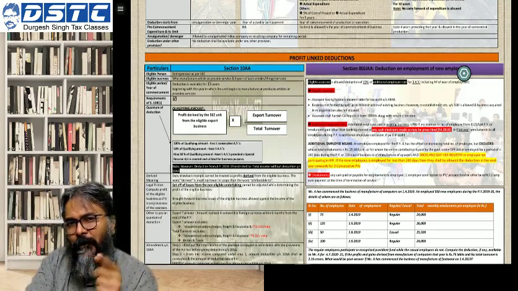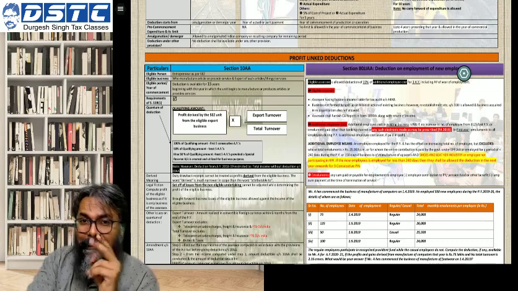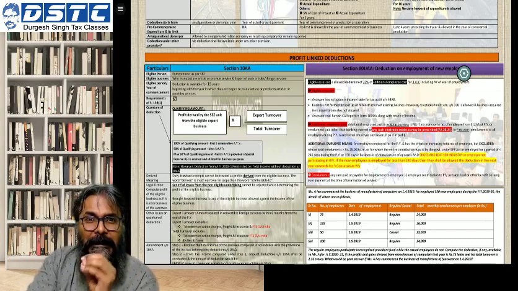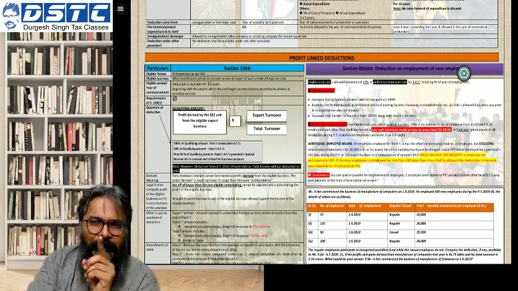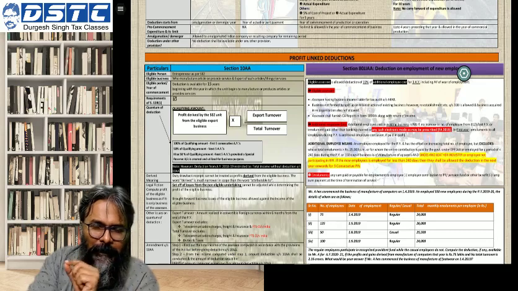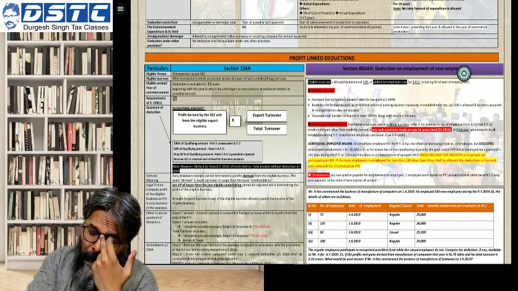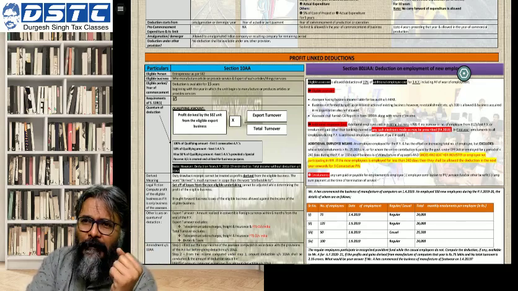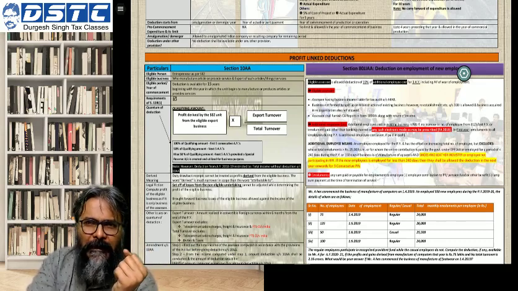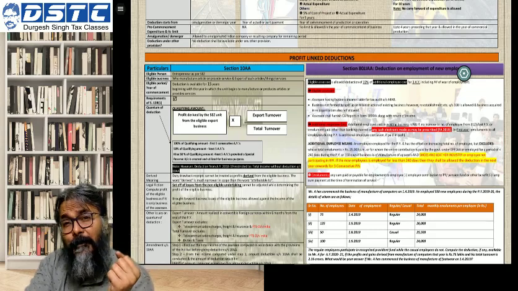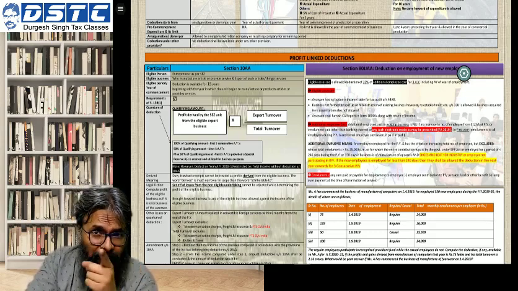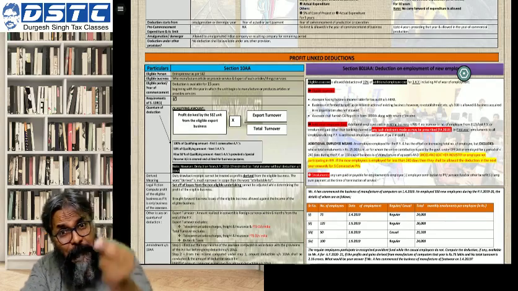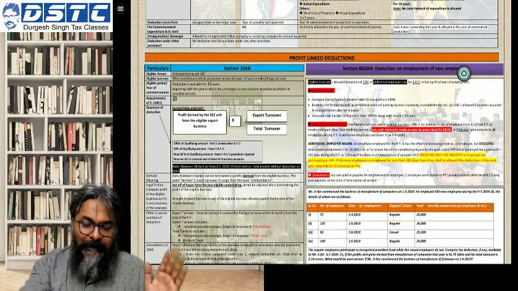The setting up of the unit in the SEZ will result in a profit being arrived at, and in respect of that profit of the unit situated in the SEZ, whatever deduction we calculate will be calculated as per section 10AA.